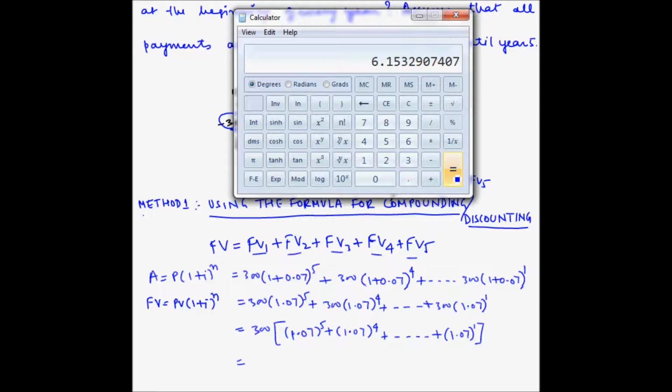So this sum is 6.15 and we multiply this with 300. So we get 1845.987. Let's round it off to 2 decimals: 1845.99 rupees.